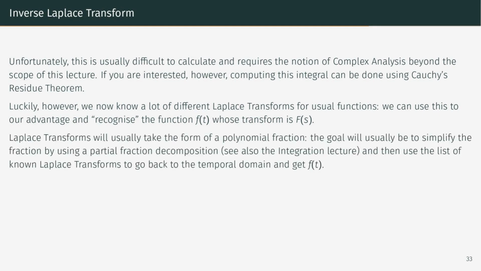Laplace transforms will usually take the form of a polynomial fraction. The goal will usually be to simplify the fraction by using partial fraction decomposition, which we also covered in the integration lecture, and then use the list of known Laplace transforms to go back to the temporal domain and get f(t).